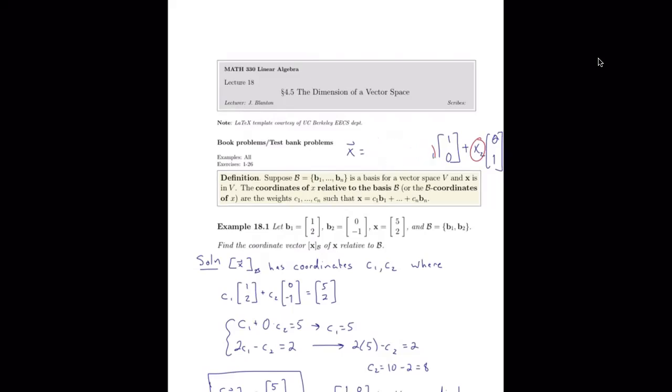So for something like this, we might want to decompose in terms of the basis (1, 2) and maybe (0, 1). I just changed it a little bit. These are also two linearly independent vectors, and they form a basis for R2 as well.